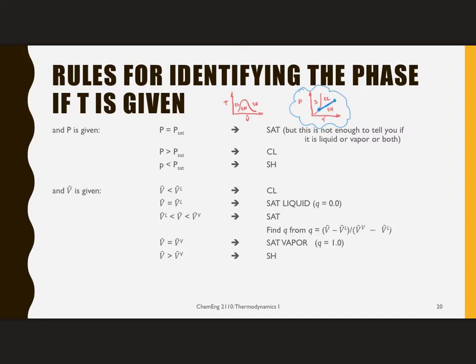If it happens to be exactly equal to one of the numbers on the table, then that tells me that it is that saturated liquid or saturated vapor. Now, if it's saturated liquid, I know that Q is equal to 0. There is no vapor. If it's saturated vapor, Q is equal to 1. There is no liquid.